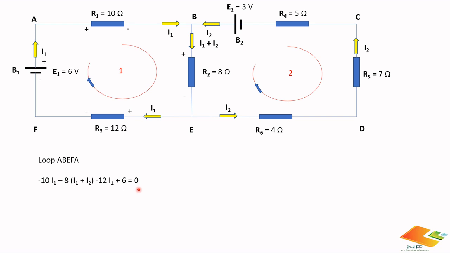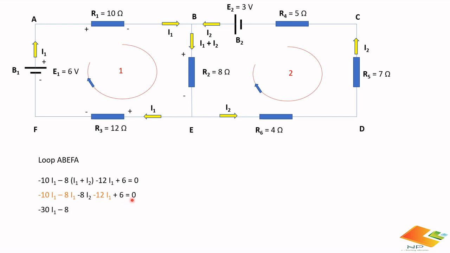So we have applied Kirchhoff's voltage law. Now solving this equation: minus 10 I1 as it is, minus 8 multiplied by I1 is minus 8 I1, minus 8 multiplied by I2 is minus 8 I2, minus 12 I1, plus 6 is equal to 0.